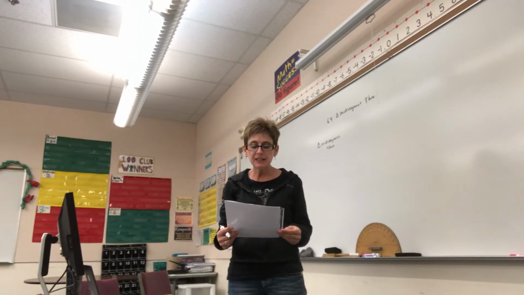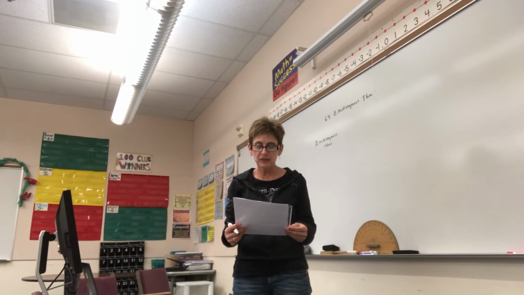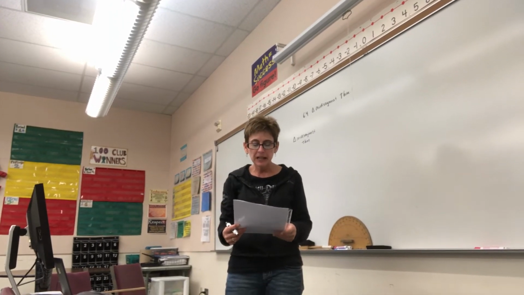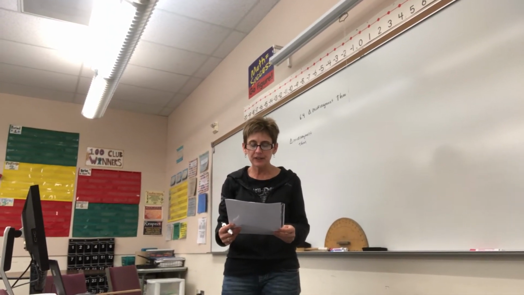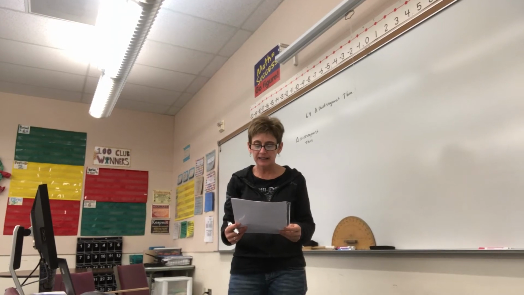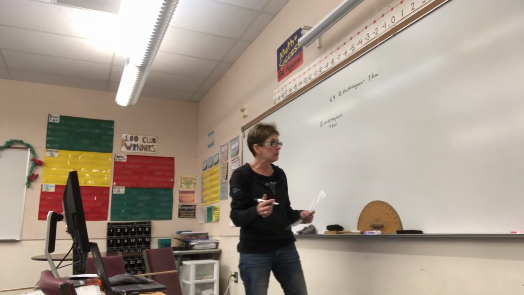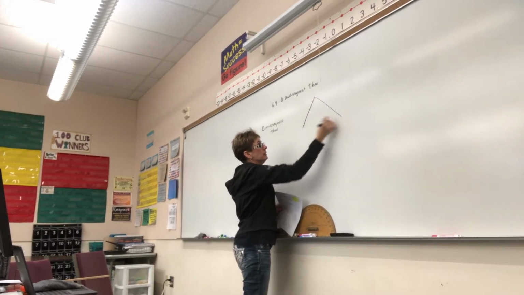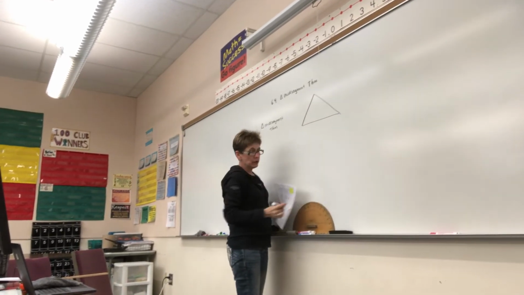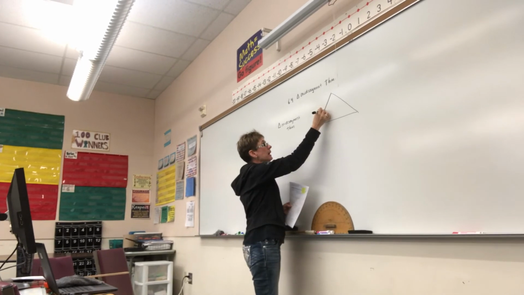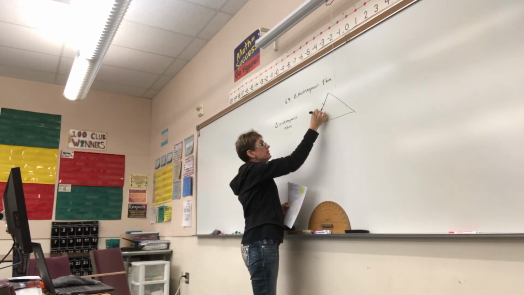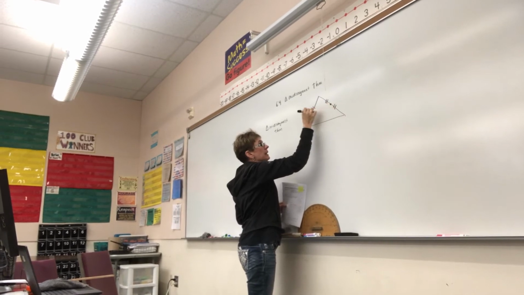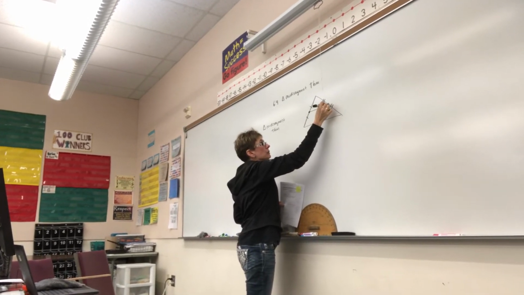The segment containing the midpoints of two sides of a triangle is called the mid-segment, and it is parallel to the third side and half as long as that side. So, for example, if I draw a triangle here, and I want to draw the mid-segment, I would have to create the midpoint of one side, and then the midpoint of the other side, and connect those two.